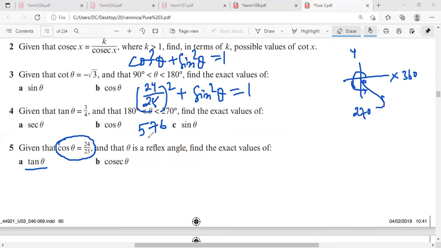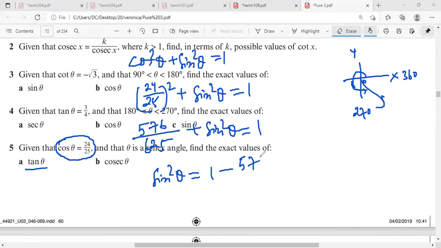Square of 25 is 625, plus sine square theta is equal to 1. So we get sine square theta is equal to 1 minus 576 by 625. How much do we get? 625 minus this is 49 by 625, I guess.